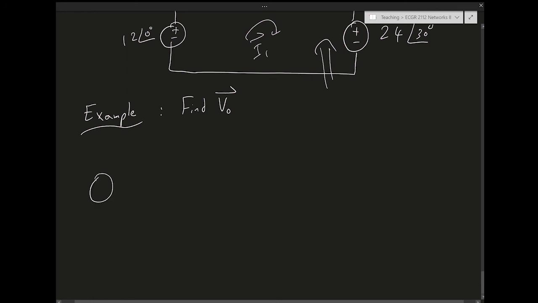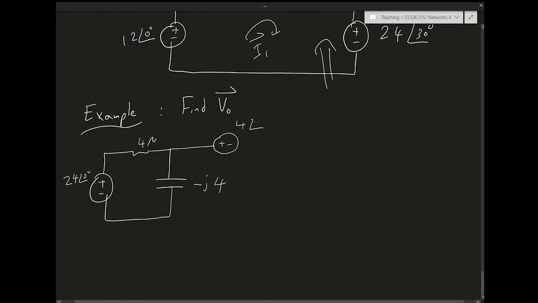So I have 24 volts, 0 degrees, 4 ohms, minus J4, plus minus 4 minus 90 degrees volt, right?